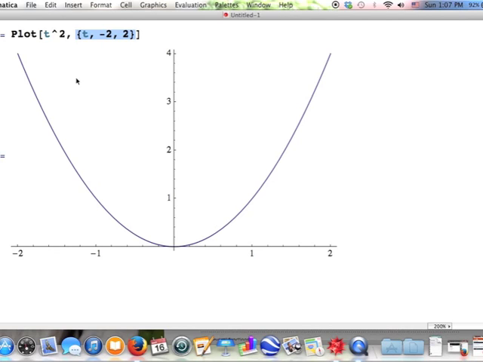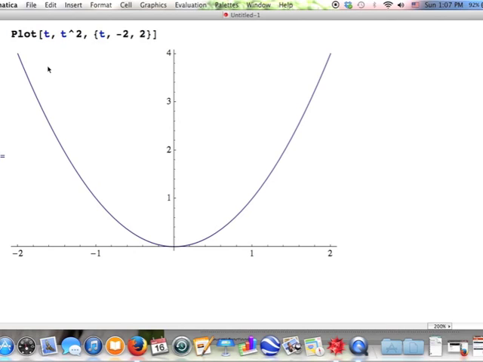To explain that a bit more, say I wanted to graph two things on this plot. Say I also wanted to graph t as well. The problem is each comma separates an argument, and plot is only supposed to have two arguments.